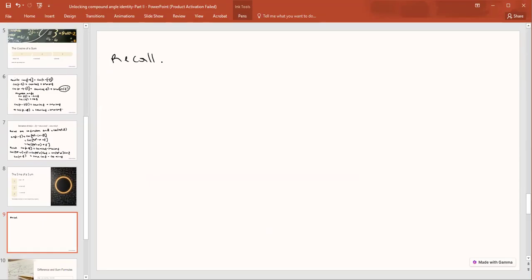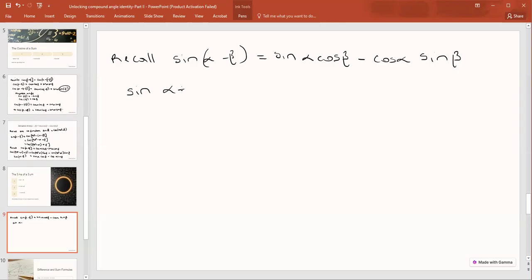Recall from our previous proof that sine of alpha minus beta is equal to sine of alpha times cosine of beta minus cosine of alpha times sine of beta. So therefore we can rewrite sine of alpha plus beta as the following: sine of alpha minus beta.